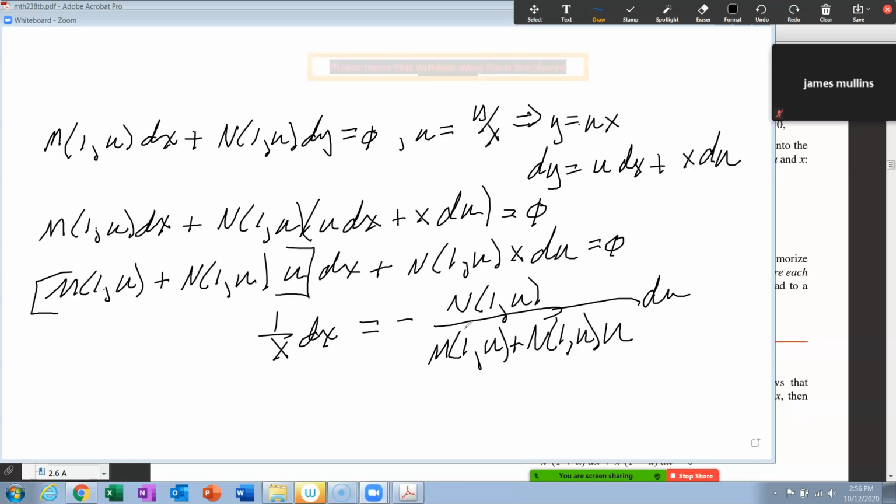If you use the other substitution, v is equal to x over y, and then x is equal to vy. That works the same way. So we're not going to use this anymore, but this was just to show you this does become separable.